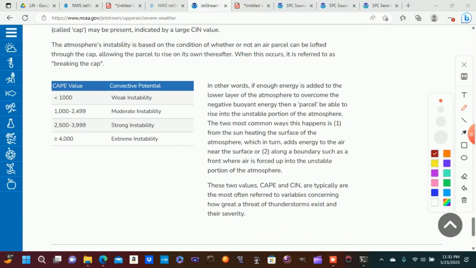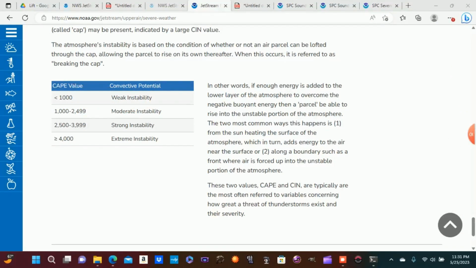Generally speaking, anything less than 1,000 joules is considered weak or marginal instability. Really for CAPE, you want this greater than 1,000 joules per kilogram, but definitely anything higher than 2,500 joules per kilogram would be considered strong instability for the total amount of CAPE accumulated.